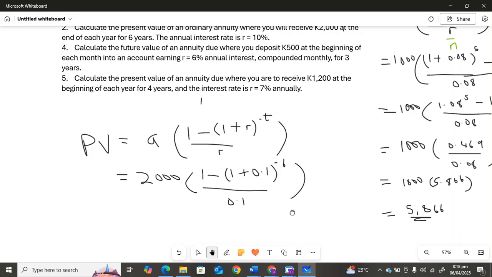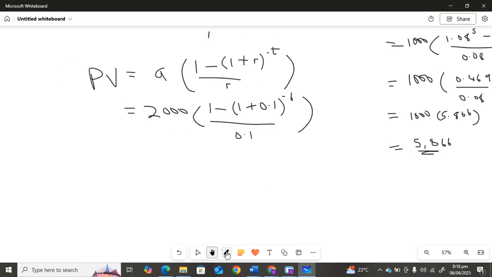Okay. So we start with our calculations in the brackets. 1 plus 0.1, that is 1.1. So 1.1 to the power negative 6 is 0.564.